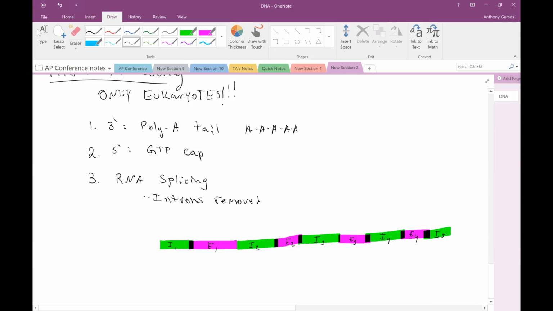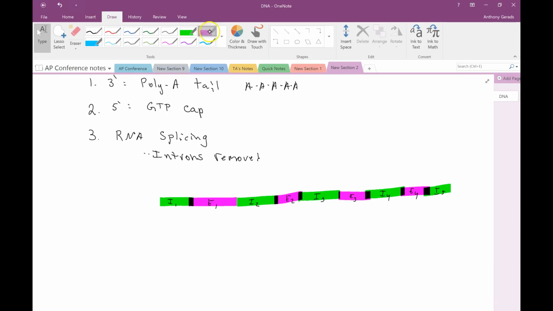Remember, which part of these get pieced together so they can leave the nucleus? The introns or the exons? Okay, the exons. So if I were to look at this, it would end up looking like this. I would get rid of all those introns, and I would piece together E1, E2, E3, and E4.